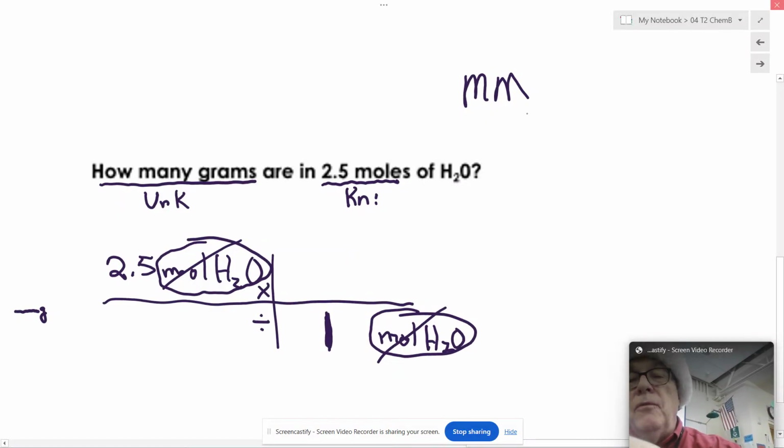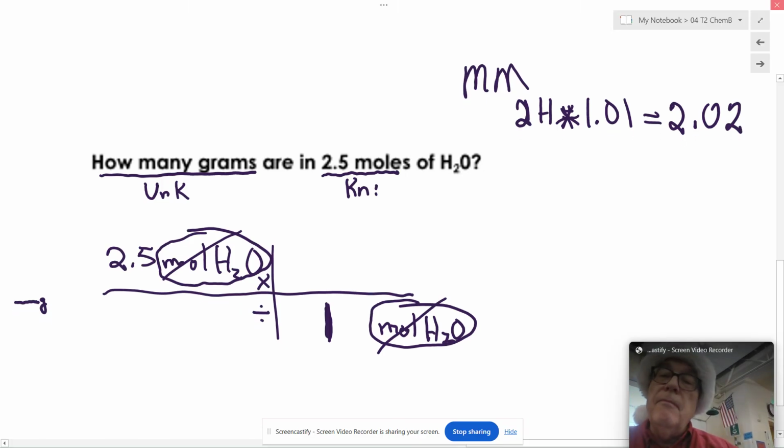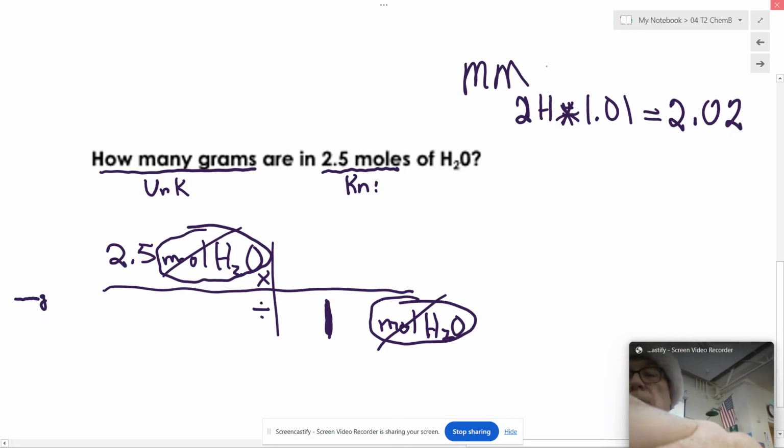The molar mass of water is 2 hydrogens. Each hydrogen is 1.01. So 2 times 1.01 is 2.02. And, molar mass of H2O.